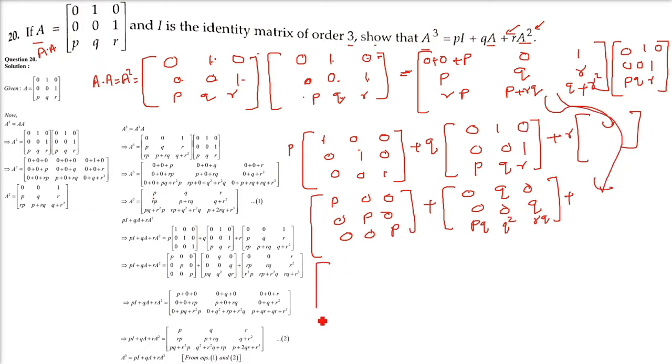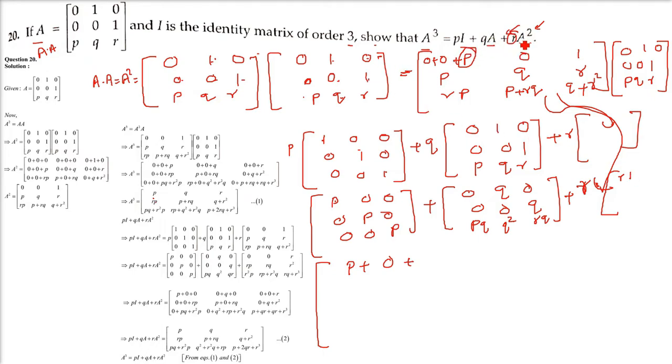So let me first add these two, P plus 0. The third element I am taking from here, plus I am multiplying R with the A squared, and I am writing it here. So I'm multiplying R. Let us write it here so that we have a fair idea. I'm multiplying it by R by itself.